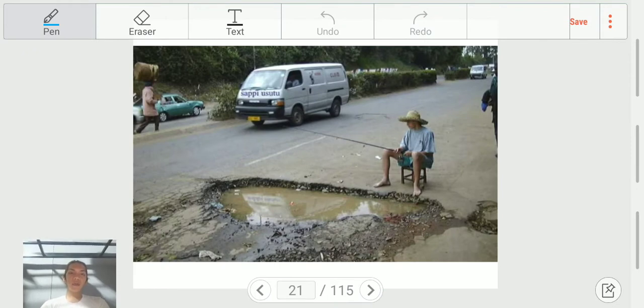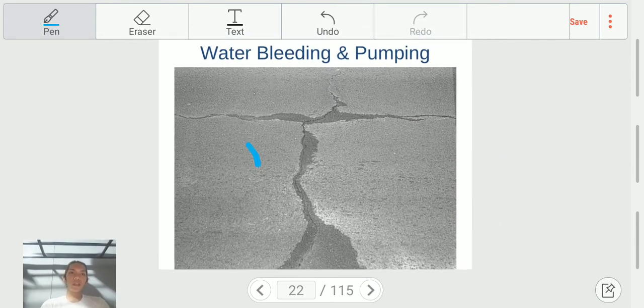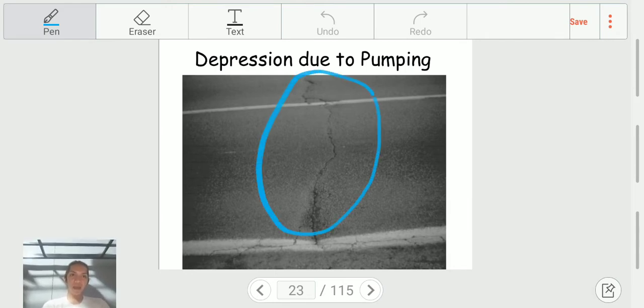This is water bleeding and pumping. There may be sources of water under the road that affect our road construction. Here, depression due to pumping. This is the depression because of our pumping.